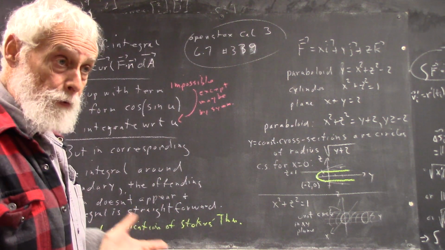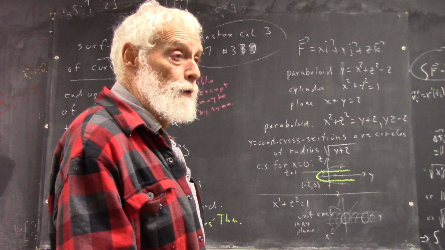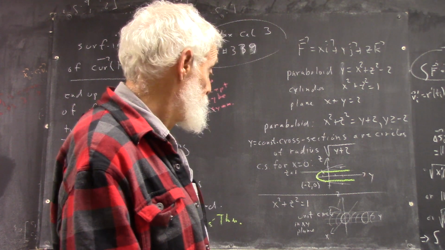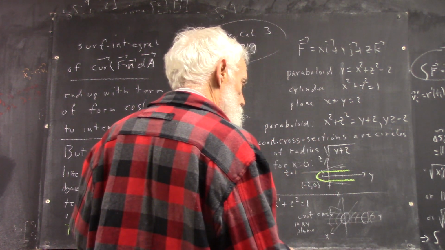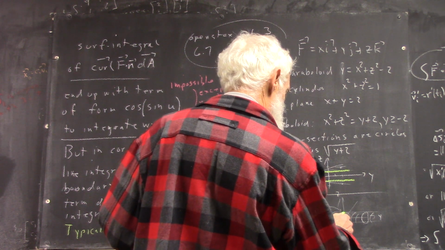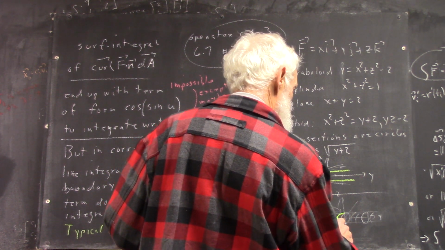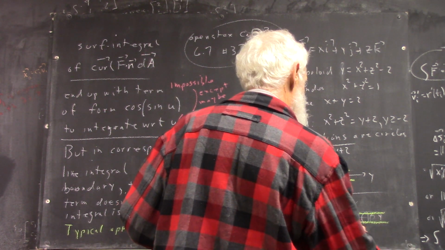So just visualizing, then you've got to cut it with the plane x plus y equals 2. If you draw this in 3 dimensions, we can actually do a fairly decent job of sketching the thing.